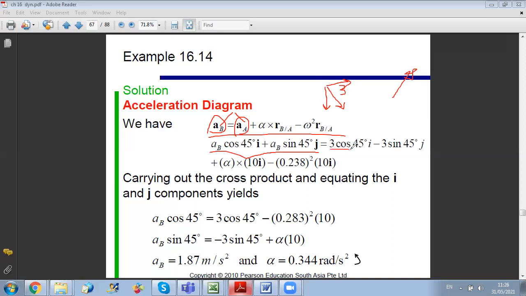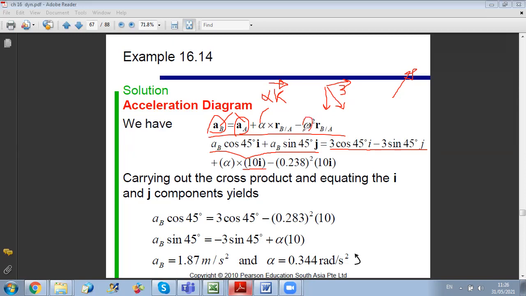So it's 3 cosine 45 i minus 3 sine 45 j, plus alpha, the angular acceleration. We can assume that it's counterclockwise, and from the calculation, we will verify if it's positive or negative. So we put alpha k vectorial rB relative to A. rB relative to A, as we have seen in the velocity relation, is 10 i, minus omega square AB.